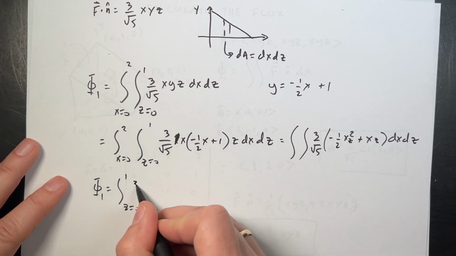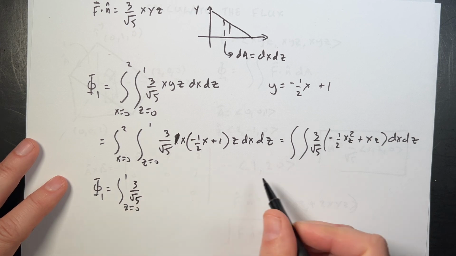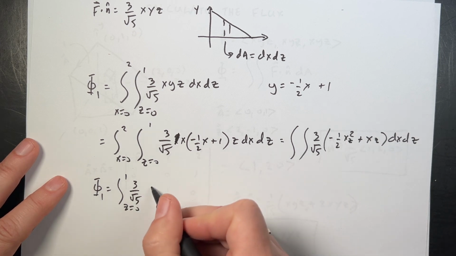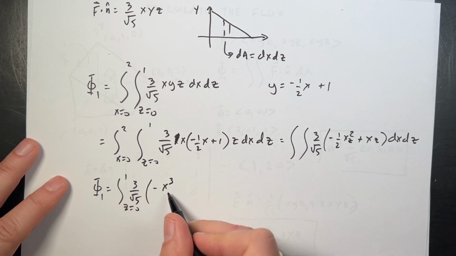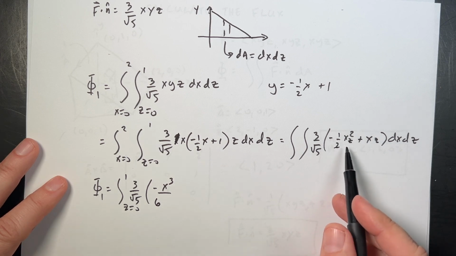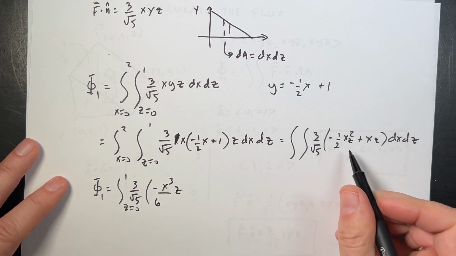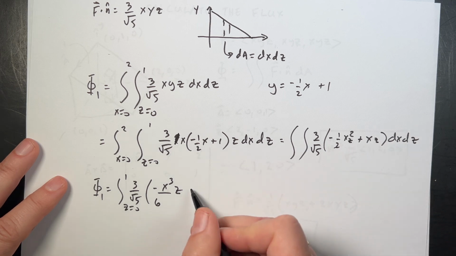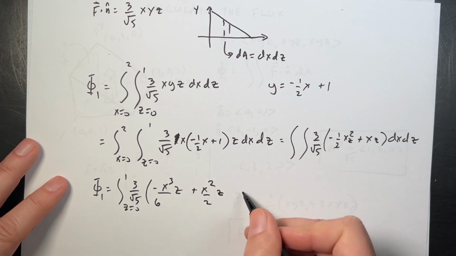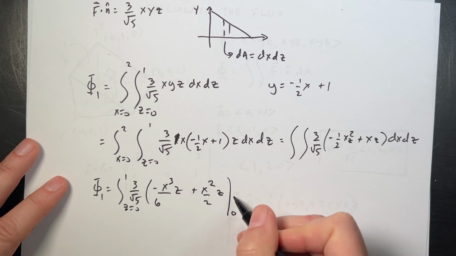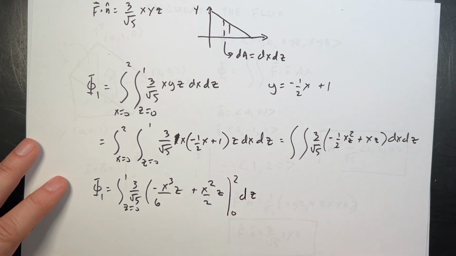So I have 3 over the square root of 5, negative x cubed over 6, right, because I already had a 2, z, there was a z there, and then I have an xz, so I get plus x squared over 2 z, and I have to evaluate that from 0 to 2, and then I integrate in the dz direction.